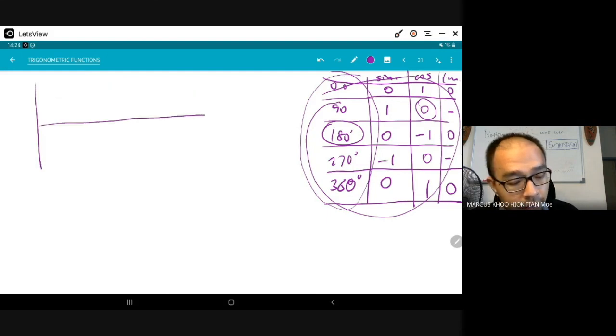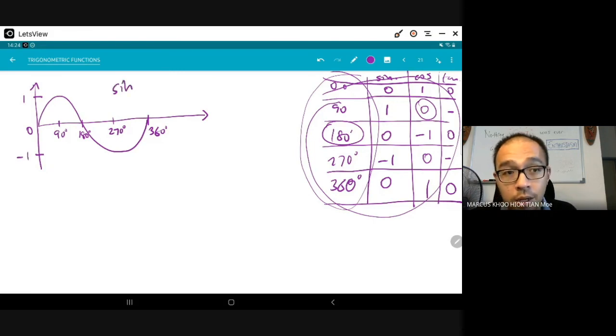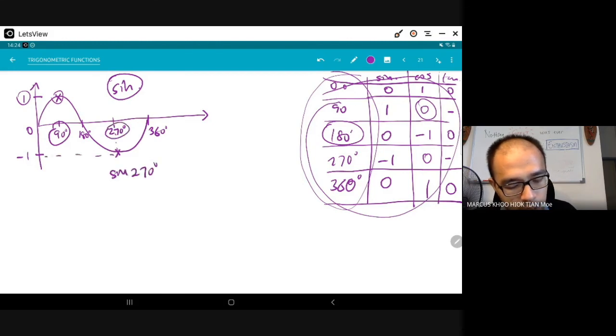The sine graph is like this. 0, 90 degrees, 180 degrees, 270 degrees, 360 degrees. The highest value is 1, the lowest value is -1. This is sine, so sine 90 is 1. 270 is here, so sine 270 is -1, sorry. From this graph. For cos, the cos graph looks like this.